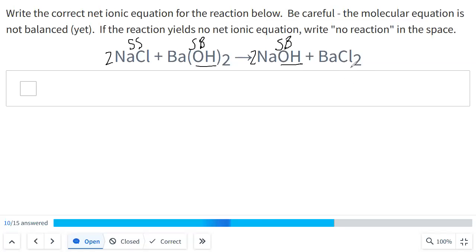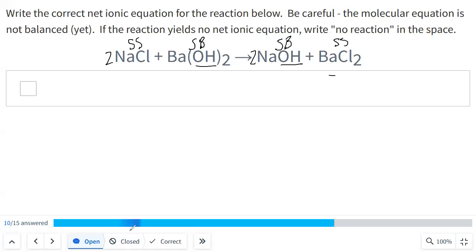Now we come to barium chloride. Now, barium has no specific solubility rule. Chloride is soluble except for mercury, lead, silver. Barium's not one of those. So it's soluble also.